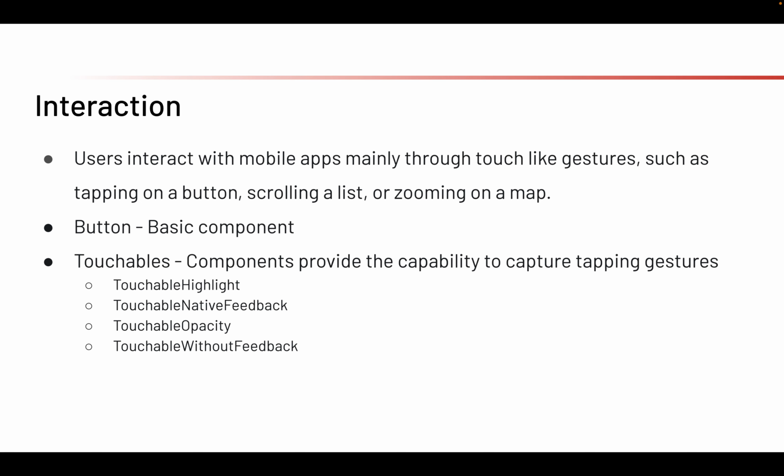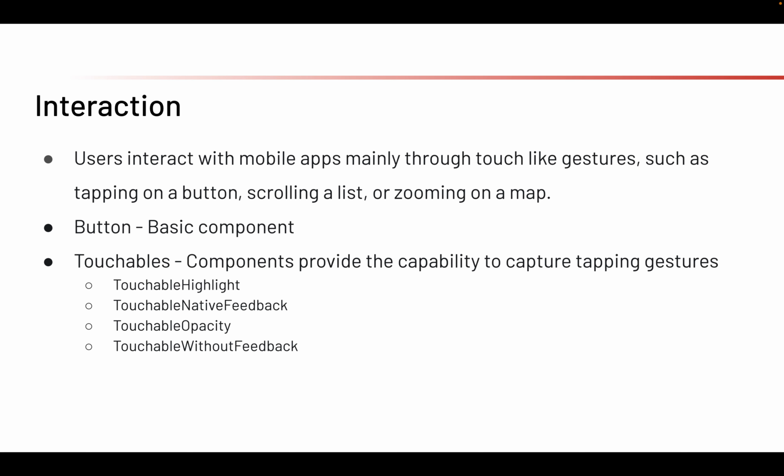Then we have the touchables, which are components that provide the capability to capture the tapping gestures of the user. We have four types of touchables: TouchableHighlight, TouchableNativeFeedback, TouchableOpacity, and TouchableWithoutFeedback.